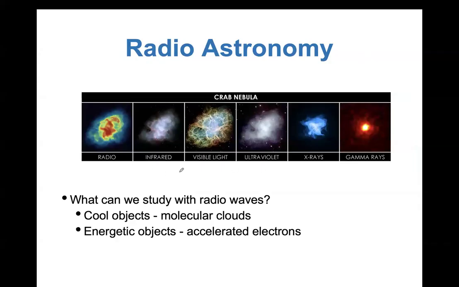So, what can we see with radio astronomy? All right. Here we're looking at a nebula in different wavelengths. This is kind of a cool aside that extends beyond radio astronomy. Notice that these are all images, right? But only one of them is visible light. So this is showing the Crab Nebula in all these different sections of the spectrum, in an order that we're not used to, in that radio is all the way on the left.